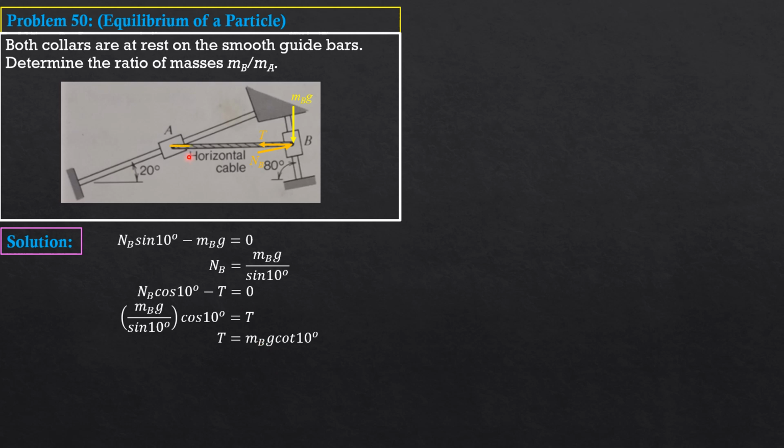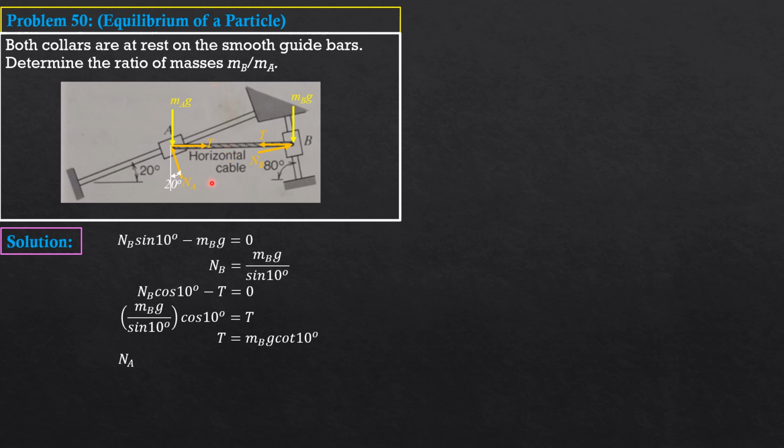Then for the collar at A, we have the tension, mAg downward. Then the normal makes an angle with the vertical of 20 degrees as shown, normal A. So this is 20 degrees. From the horizontal it is 70 degrees, 90 minus 20, but that's not important anymore.